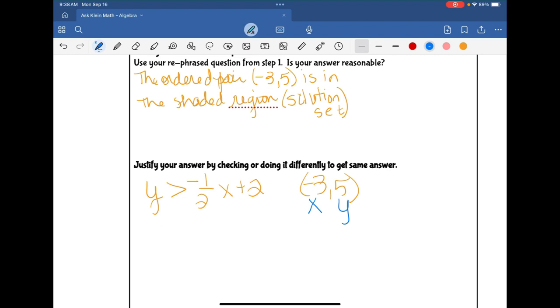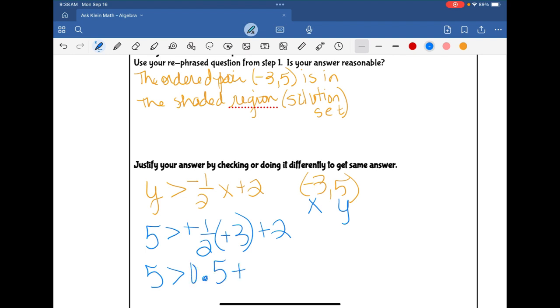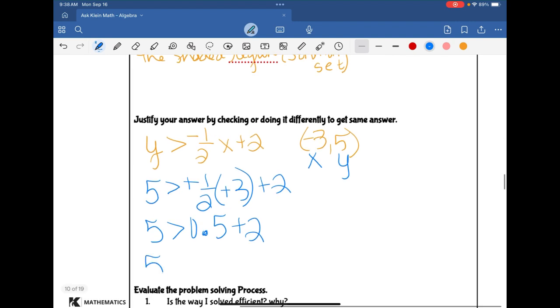So I'm going to plug in: 5 is greater than negative 1/2 times negative 3 plus 2. So that would be 5 is greater than, a negative times a negative is a positive, 3/2, or I could write it as 1.5, plus 2. And now I have 5 is greater than 3.5, and it is. So I have just confirmed my answer to make sure that it is in the solution set.